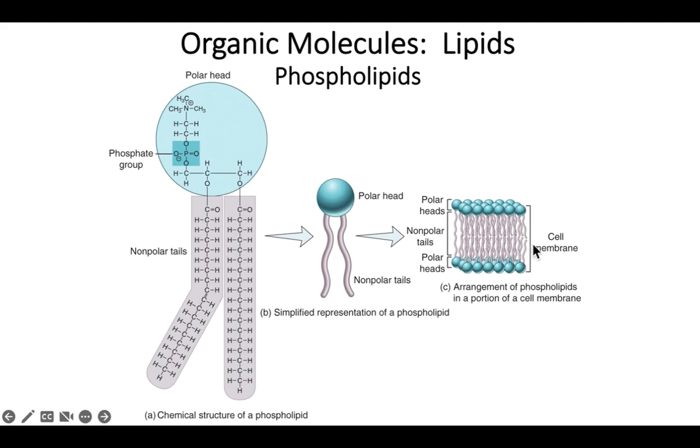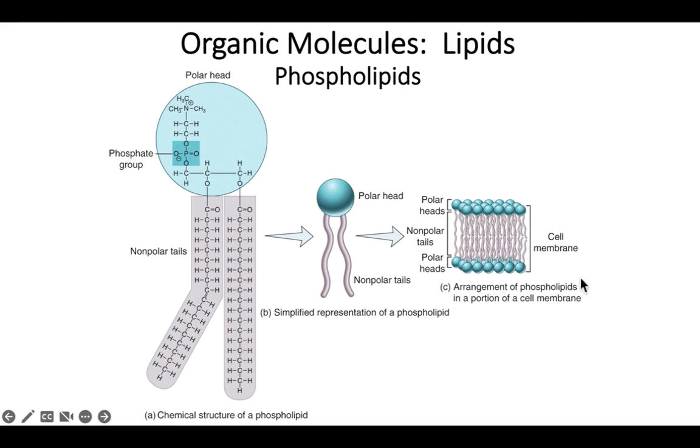Remember, if you're nonpolar, you kind of like to hang around other nonpolar molecules. So the fatty acids face each other. If you're polar, you're going to face the opposite way. And that forms a phospholipid bilayer. 2 layers of phospholipids that will then be very useful in forming the plasma membrane of cells.